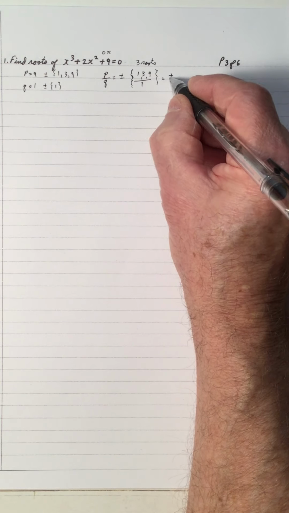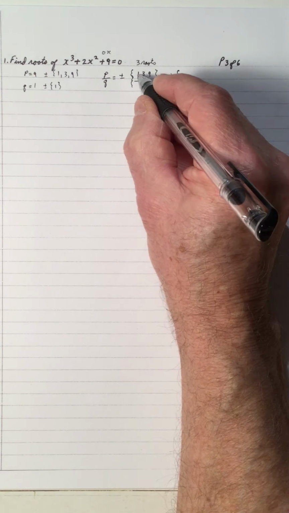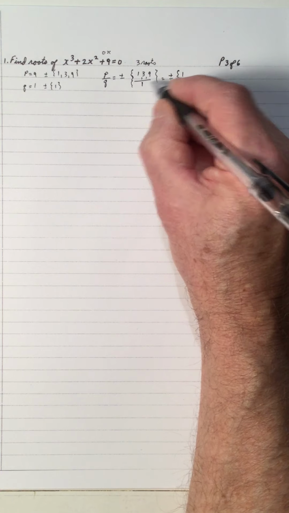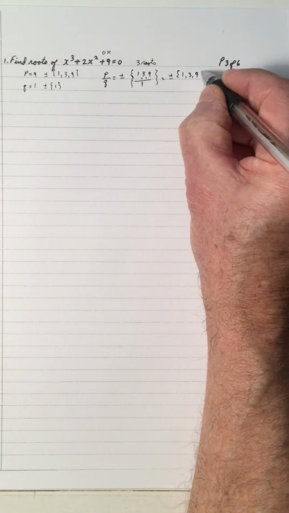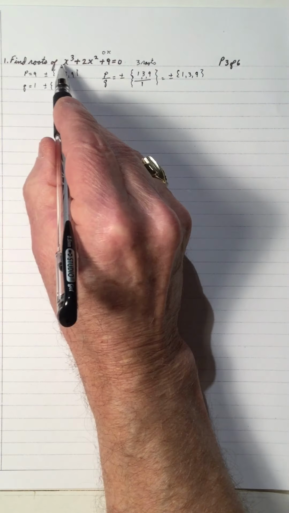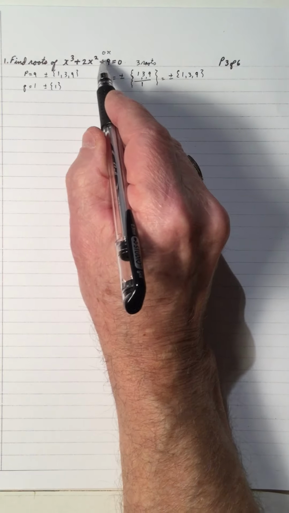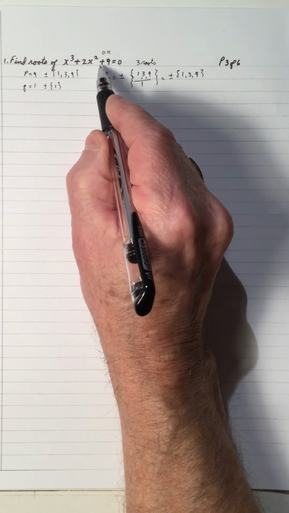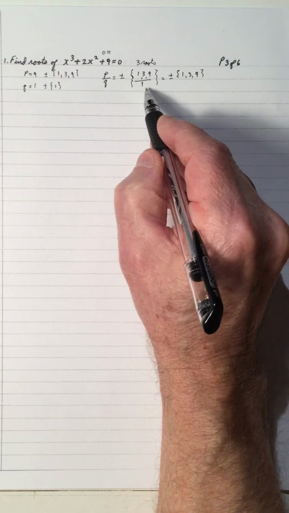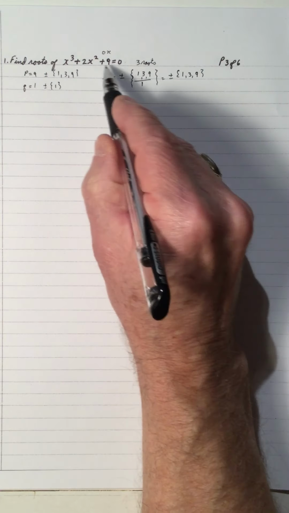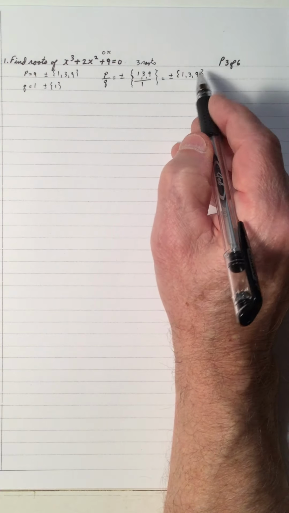That gives us plus or minus 1 divided by 1 is 1, 3 divided by 1 is 3, and 9 divided by 1 is 9. So notice when we have a 1 here, we only need to look at the factors of 9. We don't have to go through this; I went through it to show you. Dividing by 1 gives you the same factors of 9.